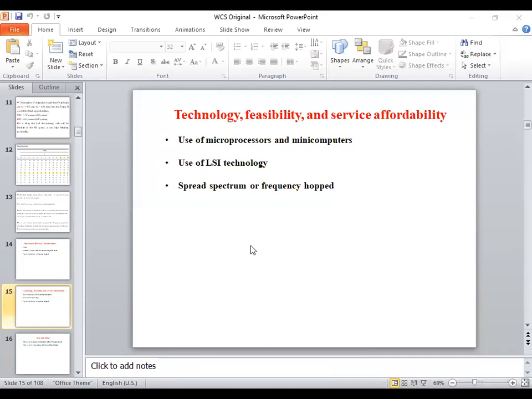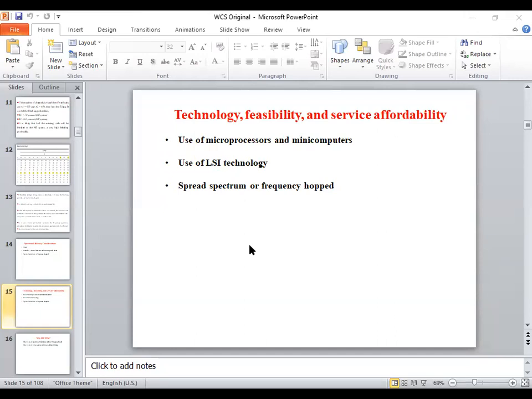Here also we have multiple access techniques, with advancement in technology. So these were some of the issues why we should go in the direction of the cellular mobile phone system.